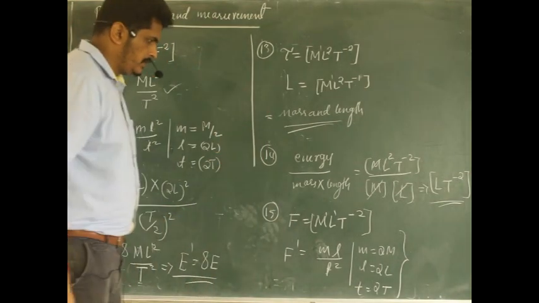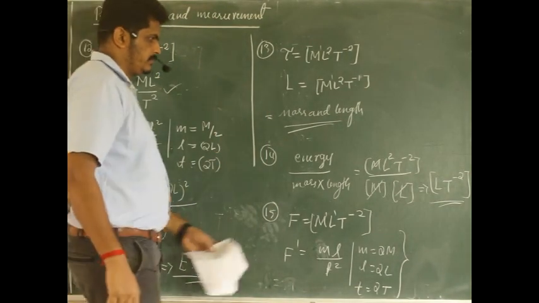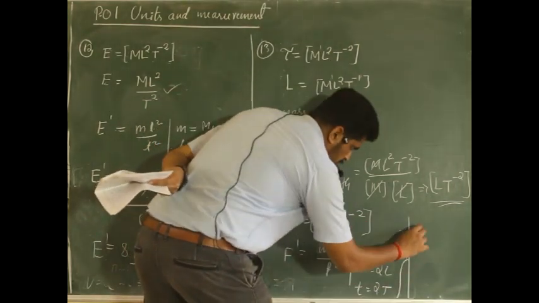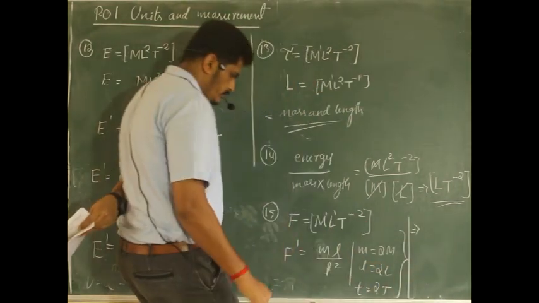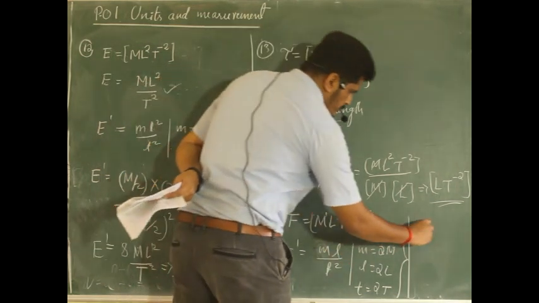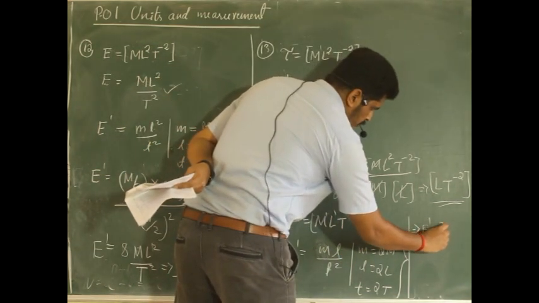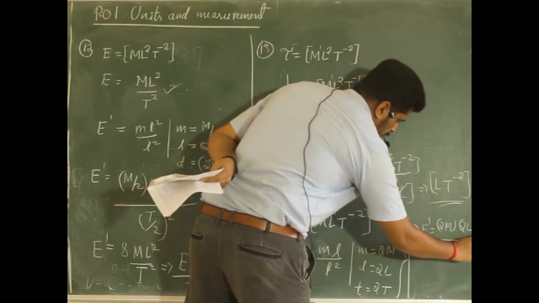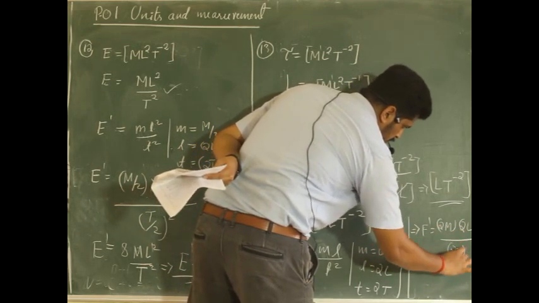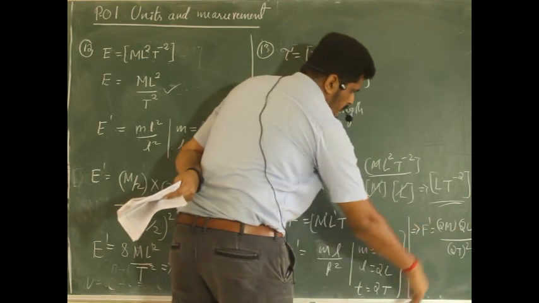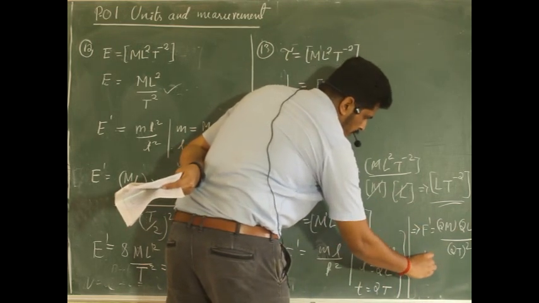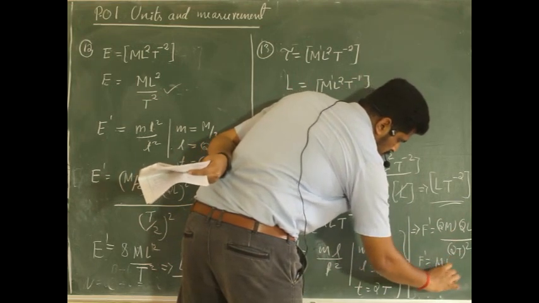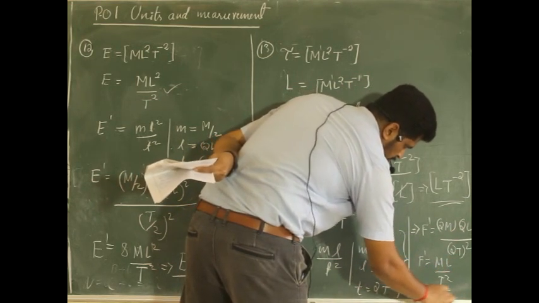Now I'll substitute that in the equation here. Hope it is visible for you people. Everything is made double. F dash equals 2m into 2l divided by 2t square, that is 4. So finally what remains? F dash equals, everything cancels, ml by t square, which is the same as the previous one.